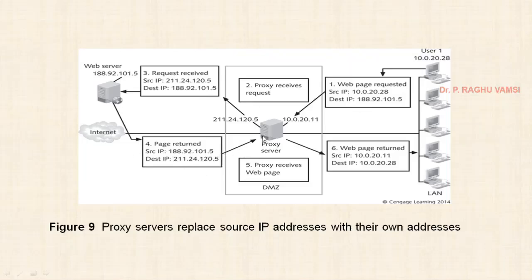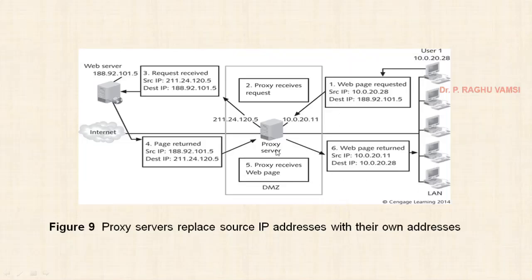Then the proxy server will recreate the response with its own IP address, and finally the proxy receives the web pages, and these web pages will be sent back to the source IP 10.0.20.28, where it was initiated and from where it was originated, and will be received by the other computers.